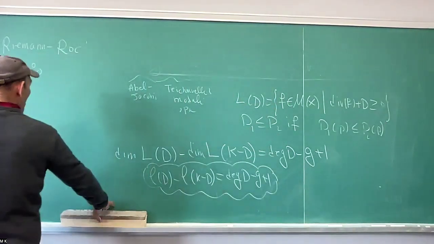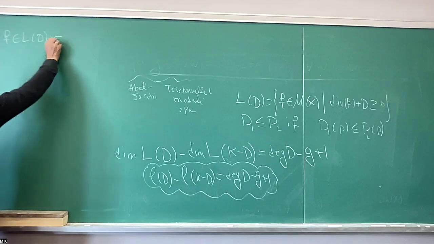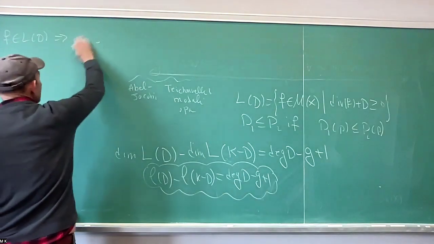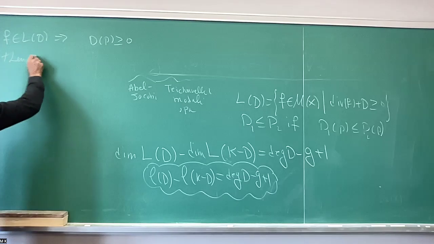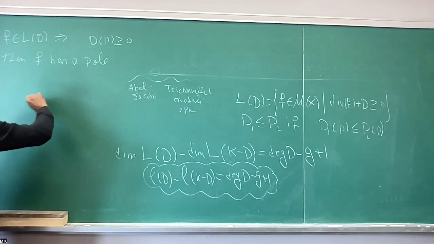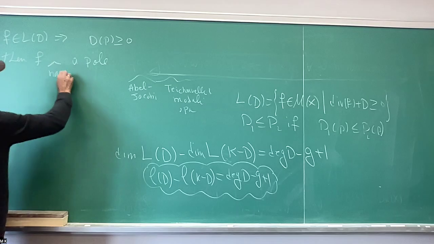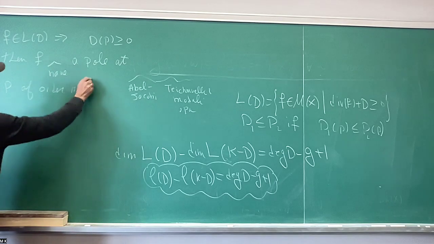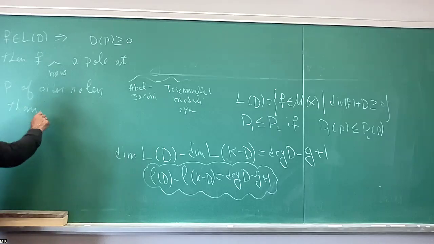So let me write it like this: F belonging to L of D implies that if D of P is bigger than or equal to 0, then F can have a pole at P of order no more than D of P.